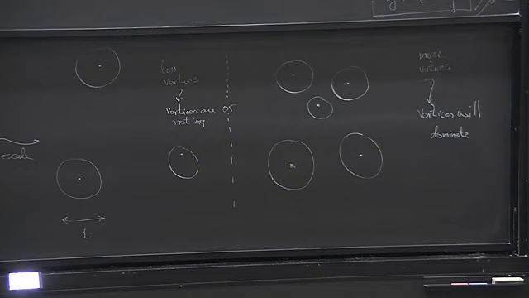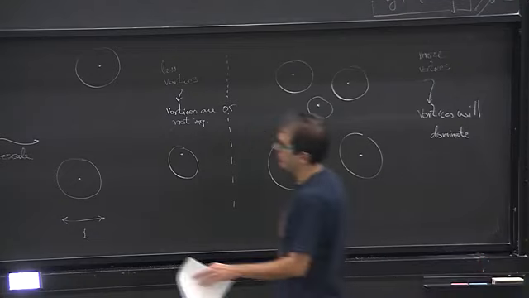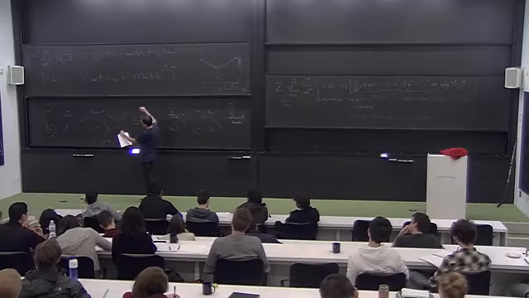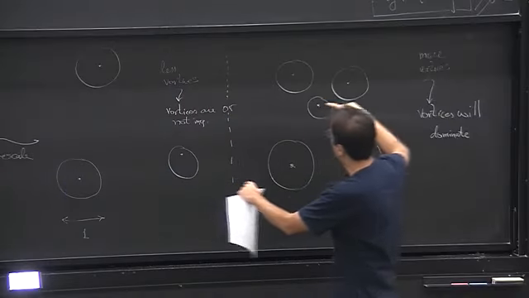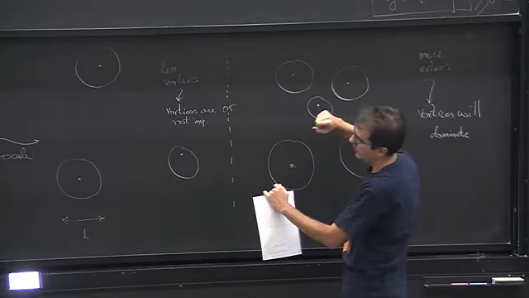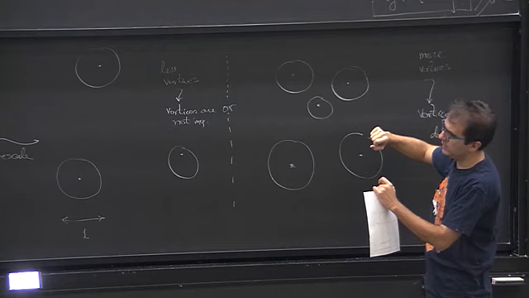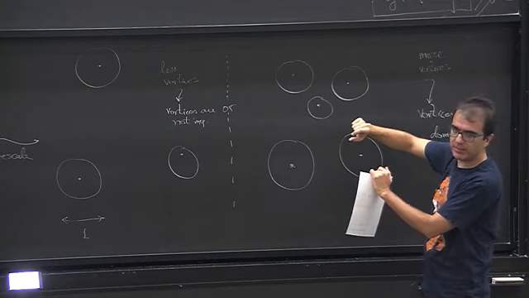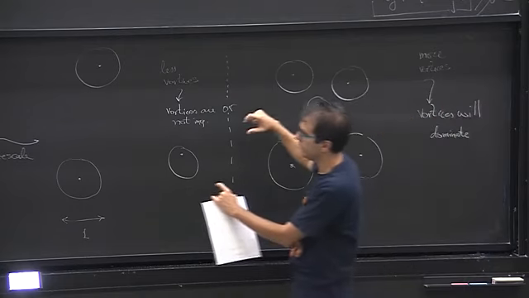Yes? How would you ever get more vortices from rescaling? After you integrate out, you want to know... Let me show you mathematically how that will happen in the exercise, in what we are going to do next.